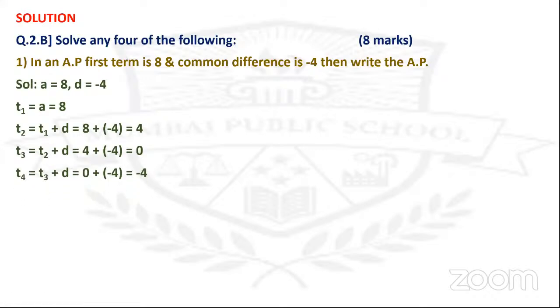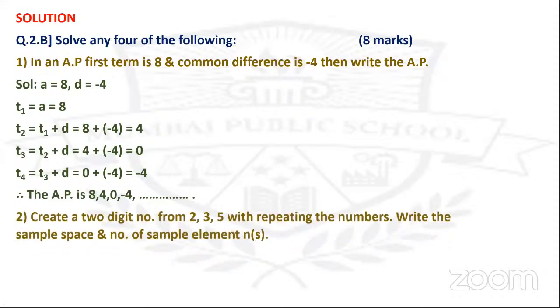T4 is T3 plus D, 0 plus minus 4. When you complete the calculation, the answer becomes minus 4. So therefore the AP is 8, 4, 0 and minus 4, and it will continue.